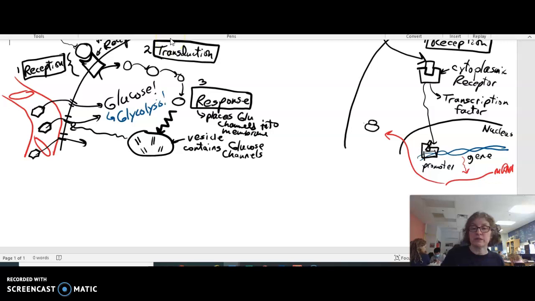To find a ribosome and connect itself to the ribosome and go through the translation step, which creates a new protein. A new protein that the cell didn't have before.